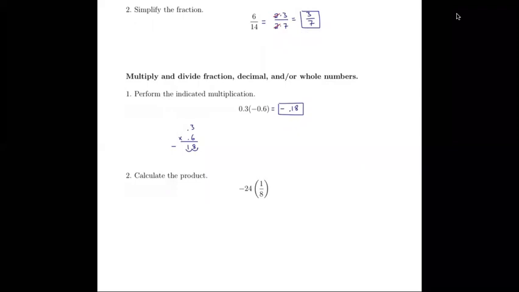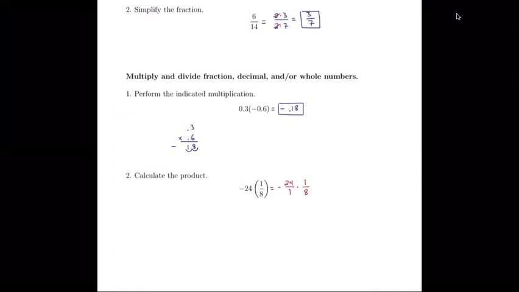Now let's calculate the product of negative 24 times 1/8. So this is a whole number, negative 24, times a fraction, 1/8. One way we can do this is to leave the negative sign out front and write 24 as 24 over 1 times 1 over 8. That way we've converted our whole number to a fraction. Remember that any whole number is itself divided by 1. 24 divided by 1 is still 24, so we can express it as a fraction.